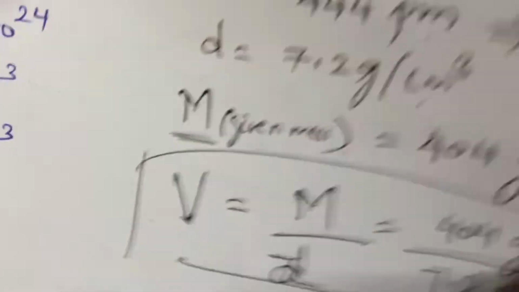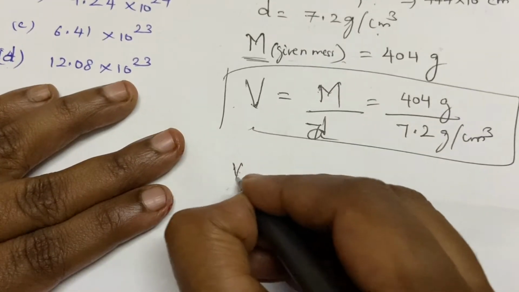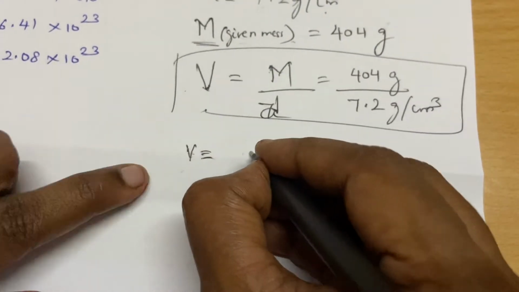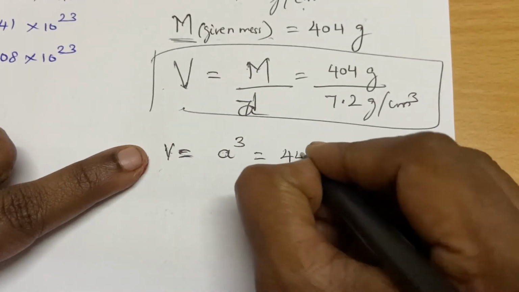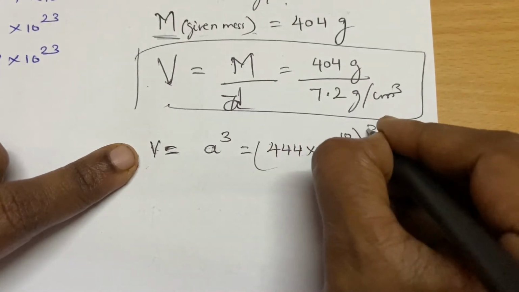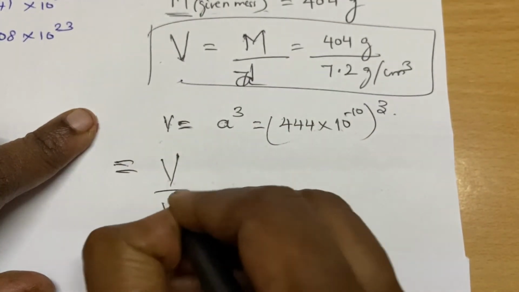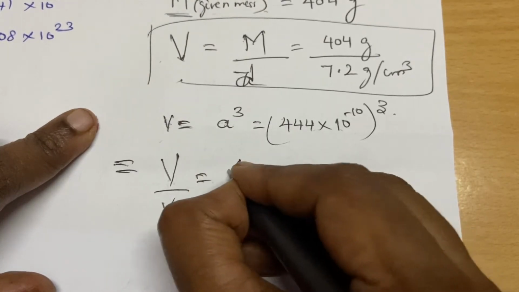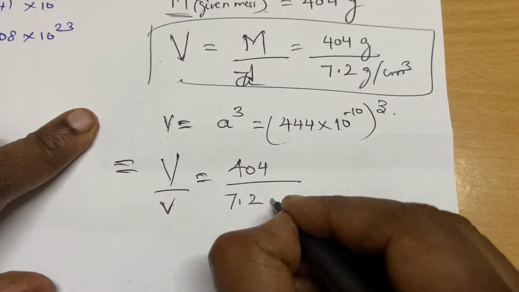Then I'm going to find out the small v, which is the volume of a single unit cell. So this is a cube, 444 into 10 to the power of minus 10 the whole cube. So if I divide capital V by small v, which is 404 divided by 7.2.